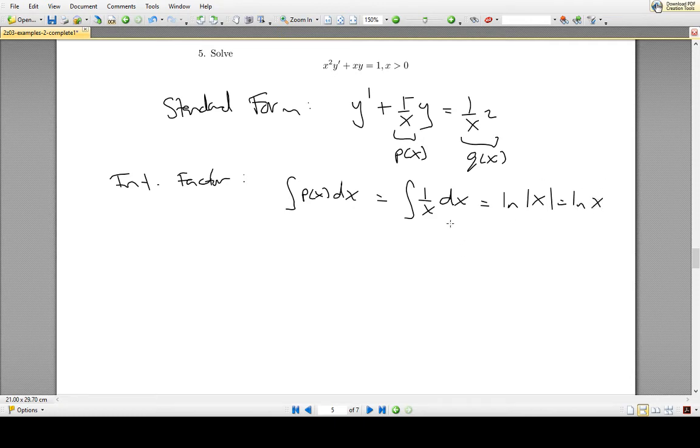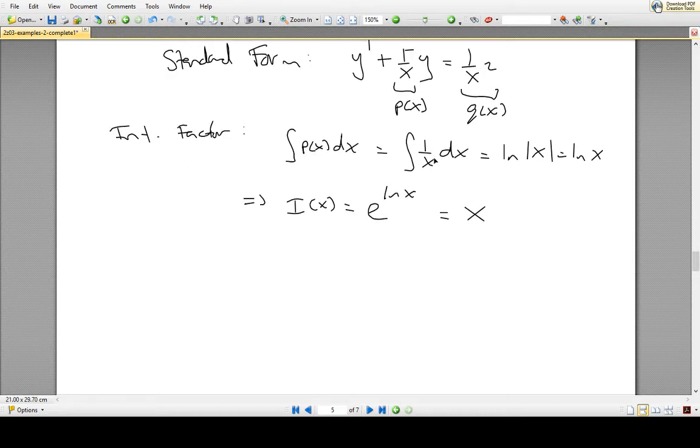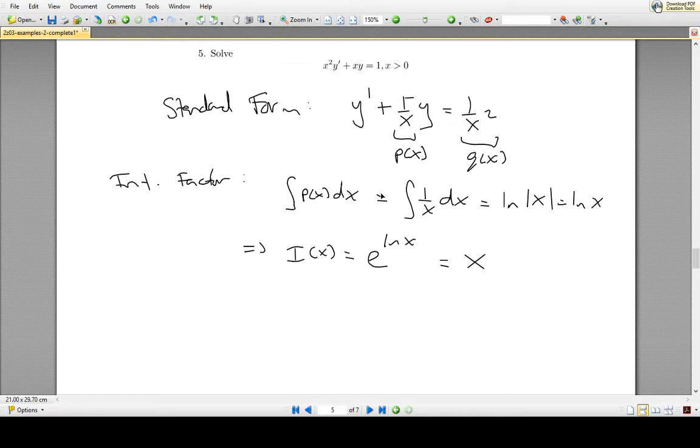We can get rid of the absolute values, and so therefore our integrating factor I of x is equal to e to what we found when we did this integration, which is ln x, and of course that simplifies to just x.